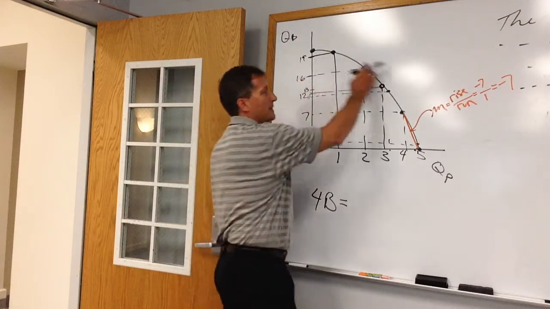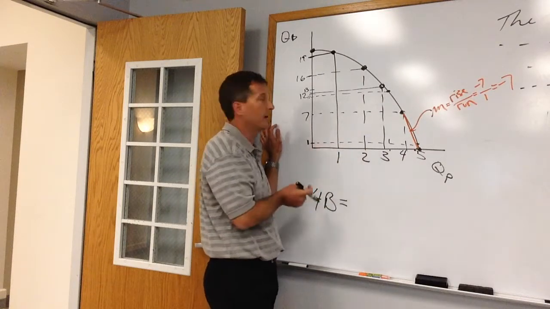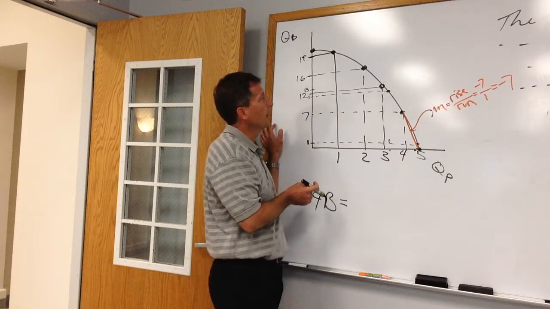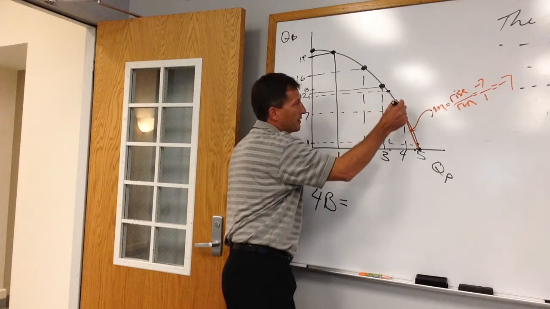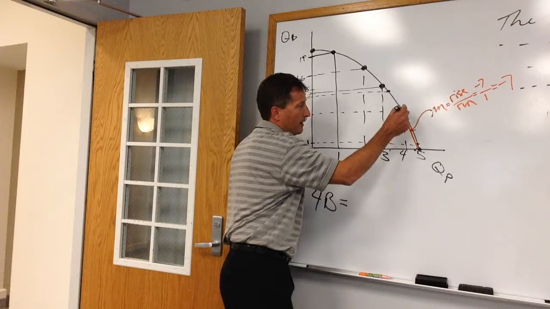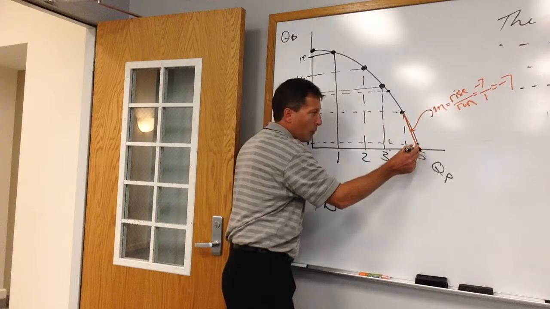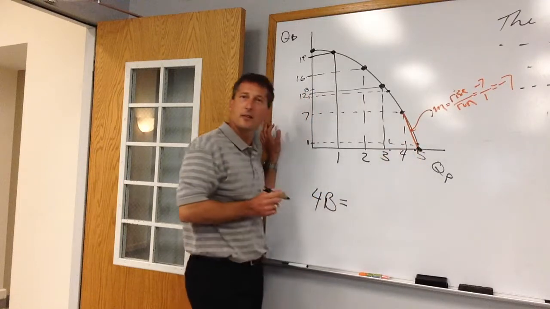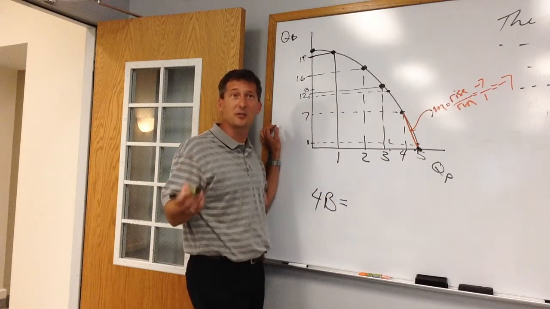Now, as the economy, which could be Tom and Jen on an island, or it could be 300 million people, moves from this point to this point, and finally to this point, tell me what we're making pizza out of. Beer resources.